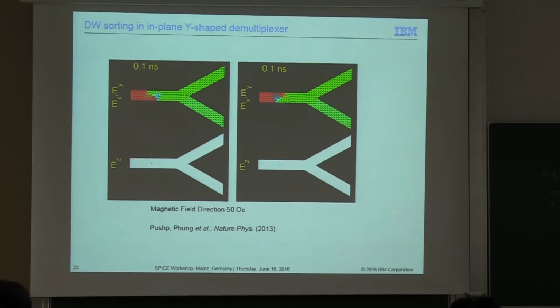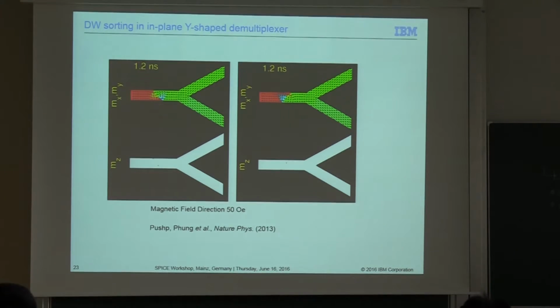So the chirality of these domain walls corresponds to a spatial arrangement of the topological defects of the order parameter of the magnetization in this device. And the way that the domain walls propagate is due to interaction of the topological defects that are forming in the domain wall and the innate topological defects that are part of this structure.